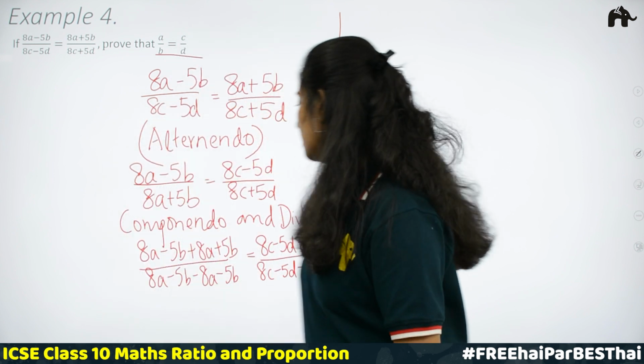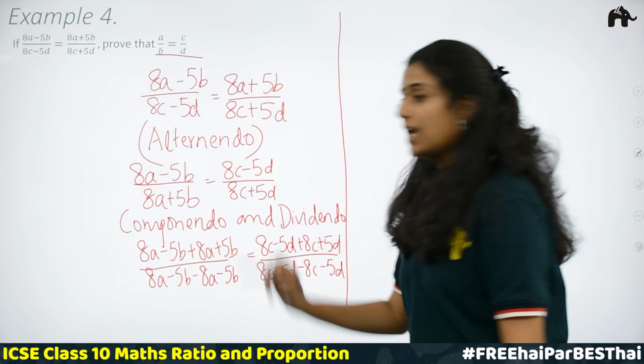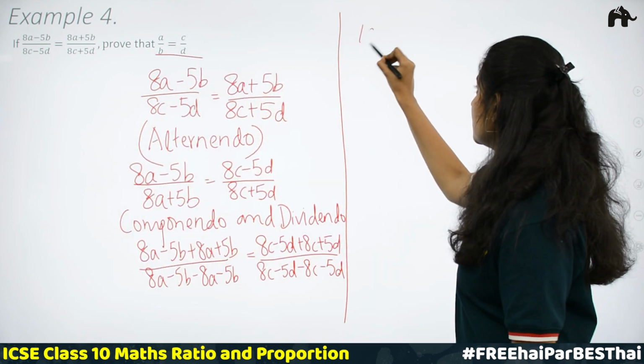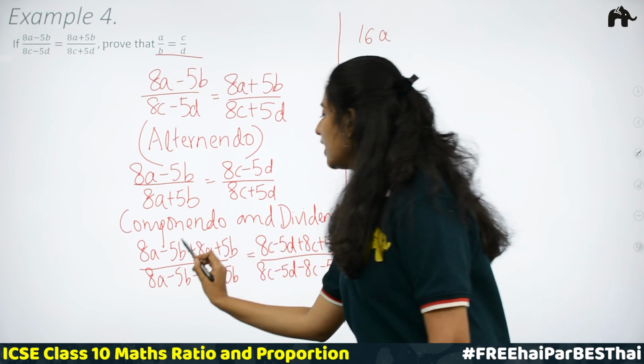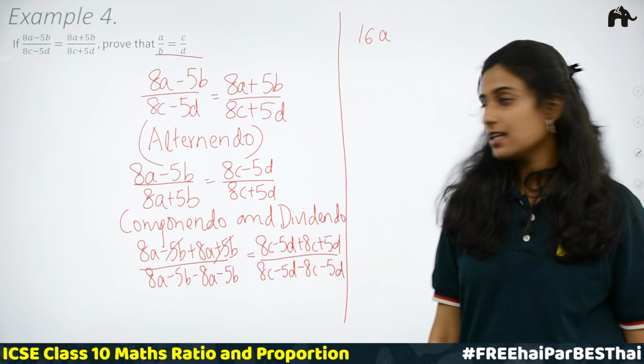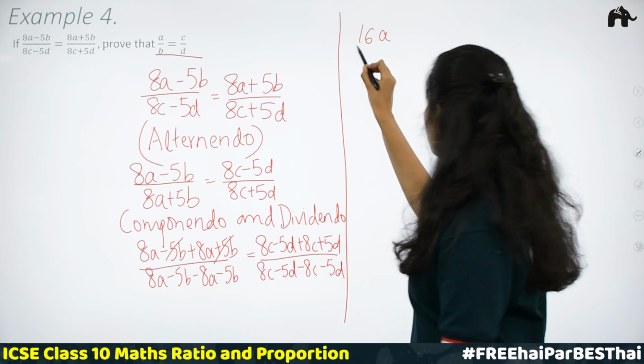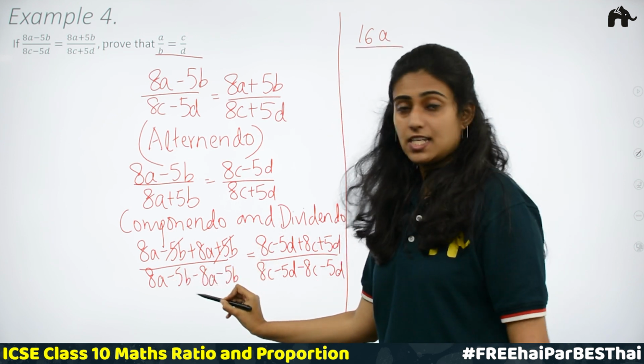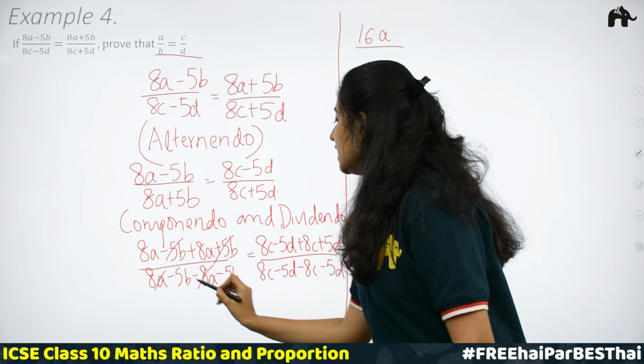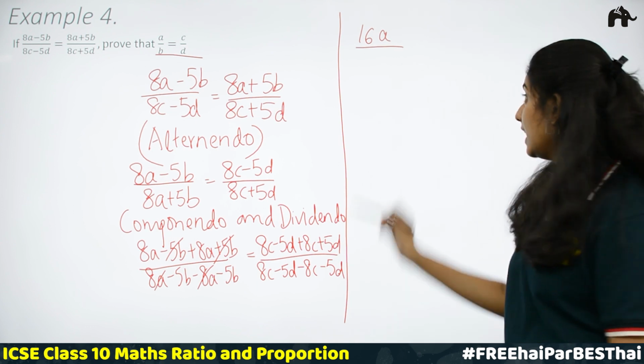Okay. Next step, 8a plus 8a is 16a. 16a; minus 5b and plus 5b can be cancelled, right? Here in the denominator, we have 8a and minus 8a. That can be cancelled. Minus 5b minus 5b is minus 10b.